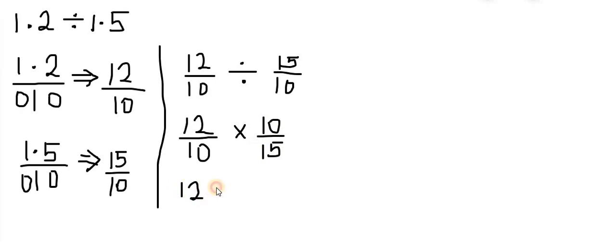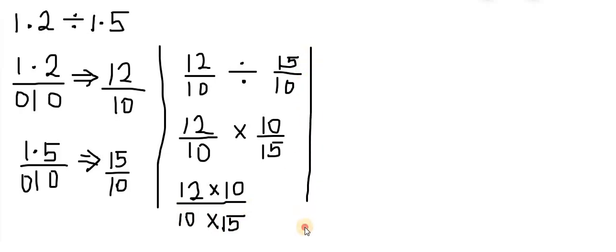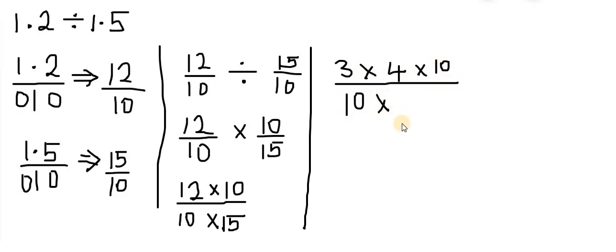So that's 12 times 10 over 15 times 10, or 10 times 15. Okay? What that leads to, you break down 12, so that's 3 times 4 times 10, and 10 times, break down 15, that's 3 times 5.